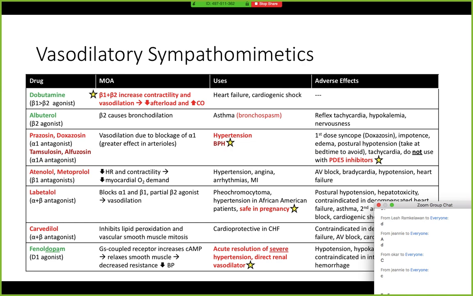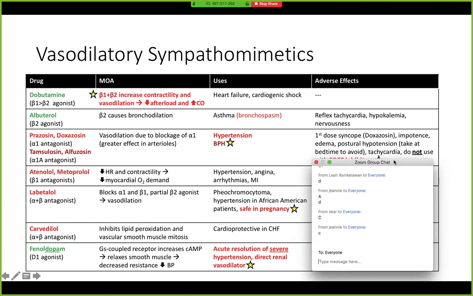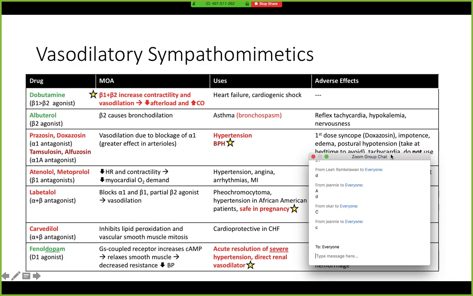Okay. Oh, I put a question in my notes. What happens if you prescribe a patient who has asthma propranolol?